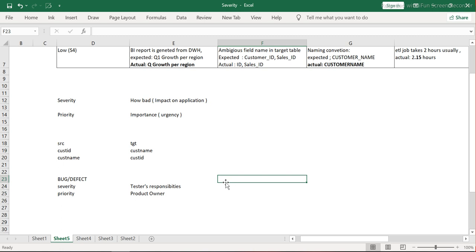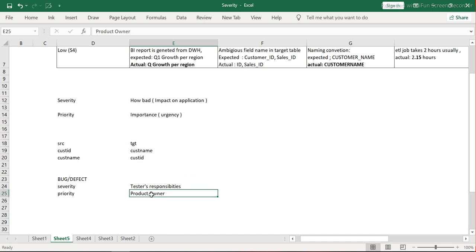And sometimes the tester also can do it in consultation with product owners, etc., right? But normally this is not the job of the tester standalone. Okay, the tester can take consultation from other team members, like product owners or product manager, etc., and based on that he can assign this priority.